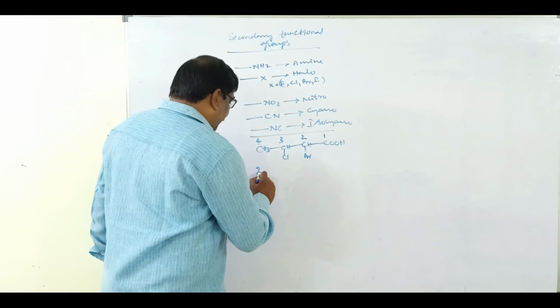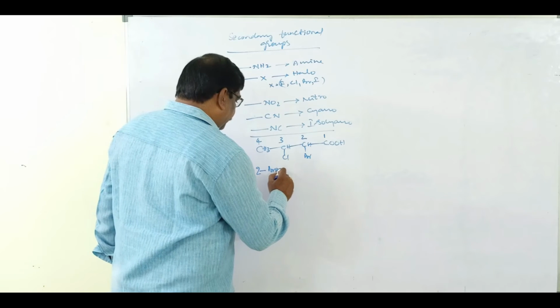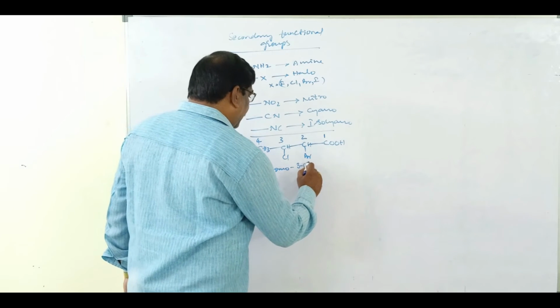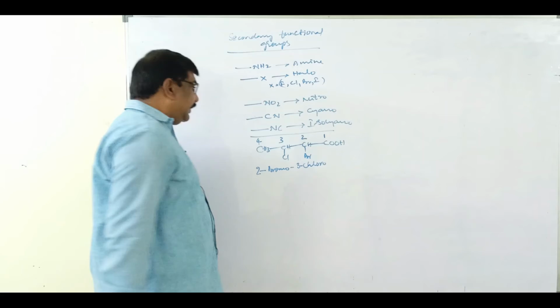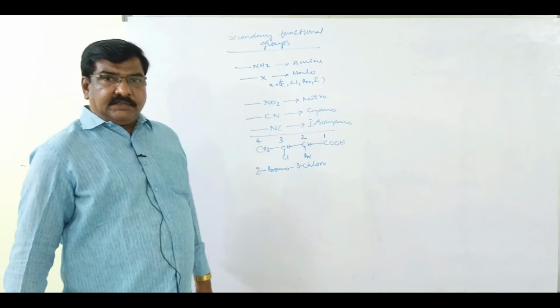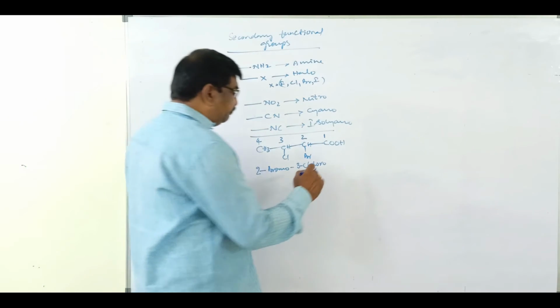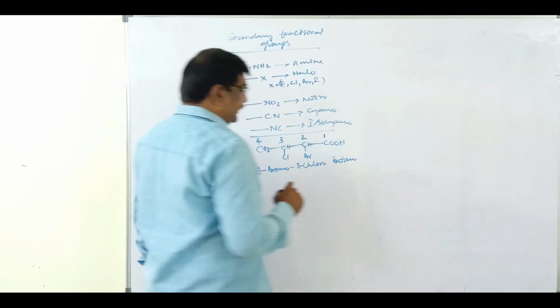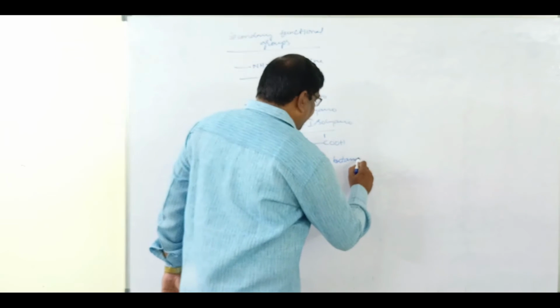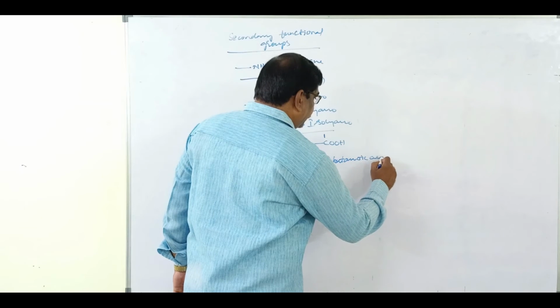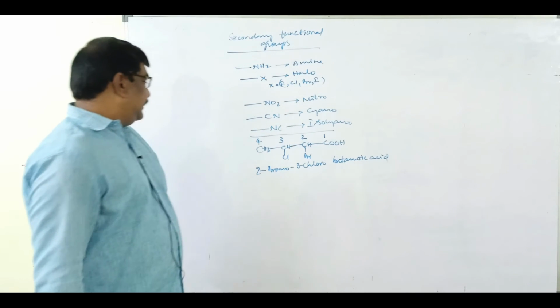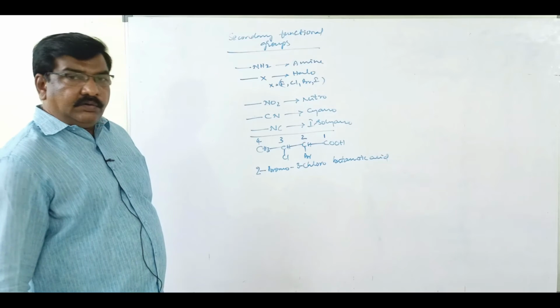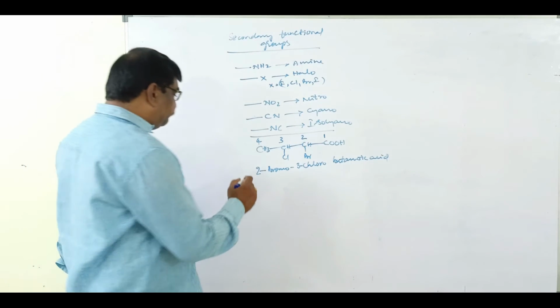So according to alphabetical order, 2 bromo, 3 chloro, and there are 4 carbons. The root word is butane, but since it is COOH, you should write oic acid. It is 2 bromo, 3 chloro, butanoic acid.